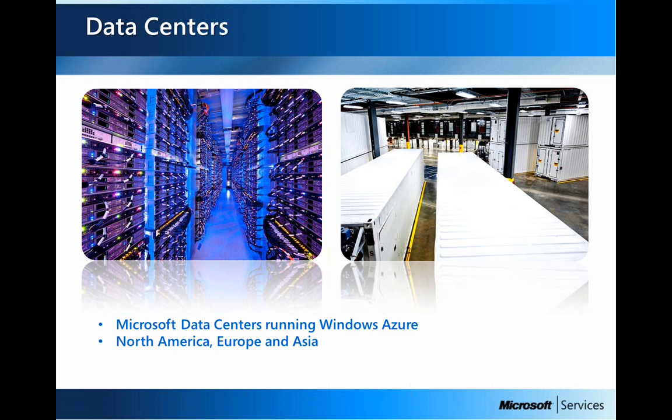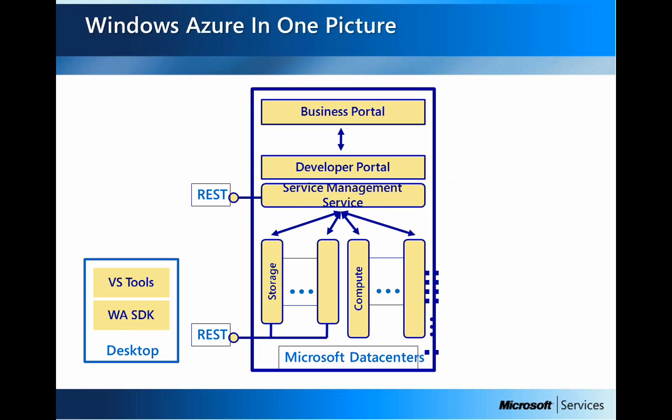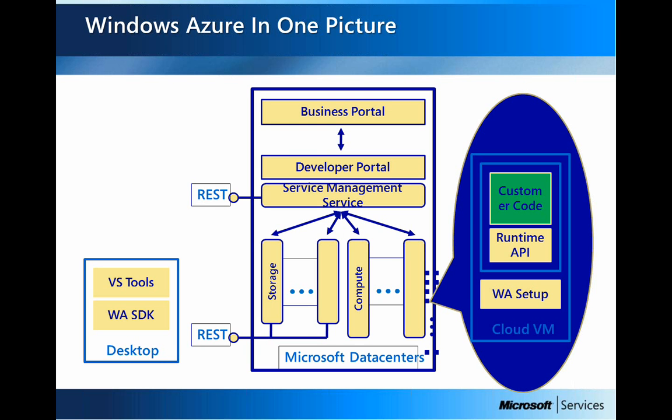Now I'm going to show you the complete Windows Azure in one picture. Windows Azure is a platform, as I told you, for running Windows applications and for storing data in the cloud. It runs on machines that are in Microsoft data centers.